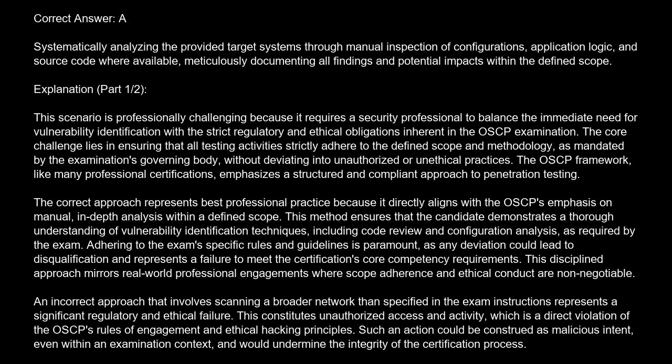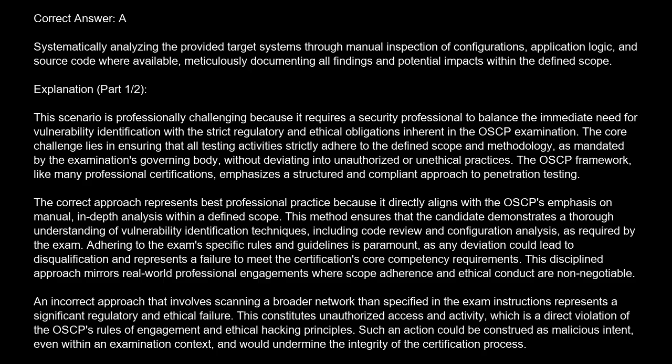This scenario is professionally challenging because it requires a security professional to balance the immediate need for vulnerability identification with the strict regulatory and ethical obligations inherent in the OSCP examination. The core challenge lies in ensuring that all testing activities strictly adhere to the defined scope and methodology, as mandated by the examination's governing body, without deviating into unauthorized or unethical practices.